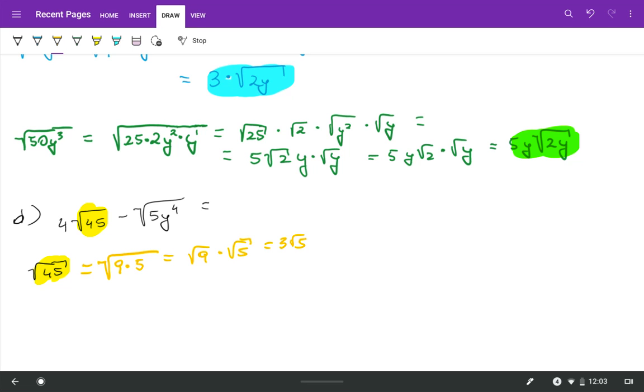So here, that first expression, I'm going to rewrite as 4 times square root of 45 is just 3 square roots of 5. And next what I'm going to do, I'm going to simplify the square root of 5y to the 4 power.